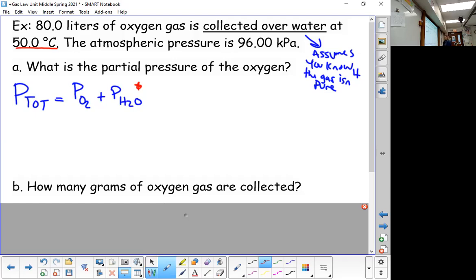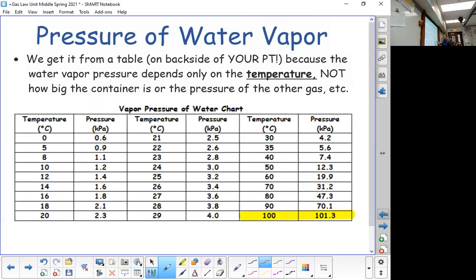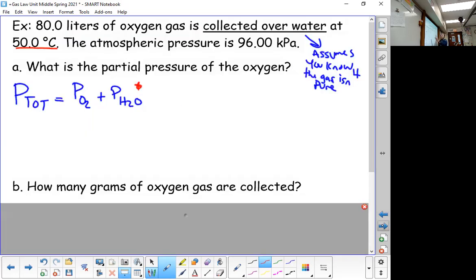Okay, so if we look at it, at 50 degrees Celsius, liquid water, basically this value is telling you how many water molecules are going to evaporate at that temperature, because that's going to create the pressure exerted by those now gaseous water molecules. And it's 12.3 kilopascals. So we've got 12.3 kilopascals, and atmospheric pressure.